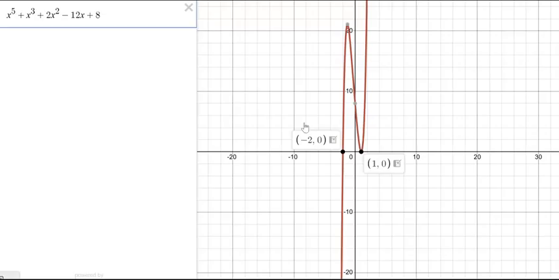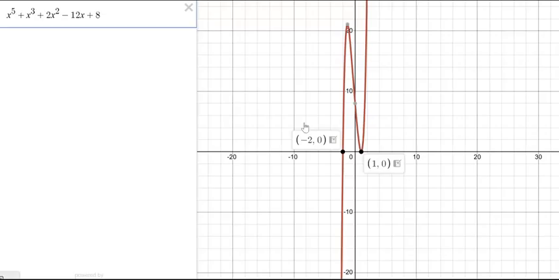But also, if you look on page 104 at the definition of repeated zeros on a graph, you will see that if it was to cross it, I would have to have an odd number of repeated zeros. So I'd have to have 3 or 5 or 7 or whatever, and I can't. But if it touches the x-axis and goes back up again, that means I have an even number of repeated zeros. So I know I have to have 2 positives and 1 negative, so I know that my repeated 0 is going to be at 1, 0.